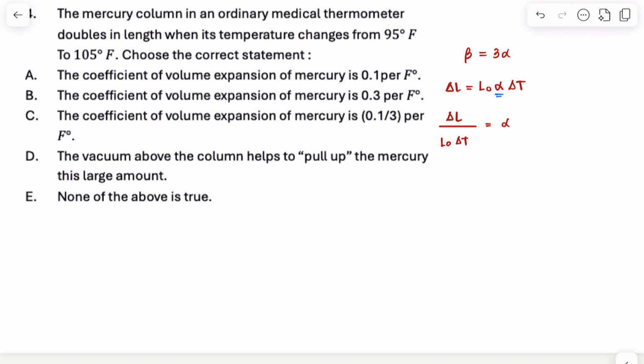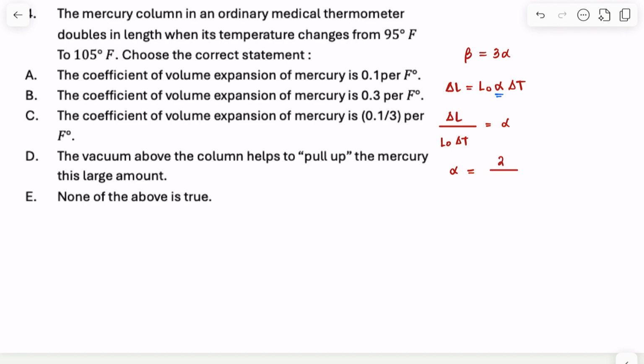Why did I solve it like this? Because I can actually solve for alpha in this case. Now, this term delta L over L sub 0 will give me 2, because it's mentioned here that when there is this change in temperature, the length doubles.